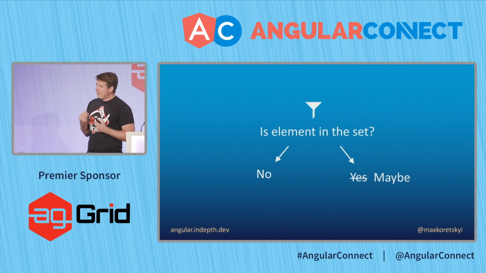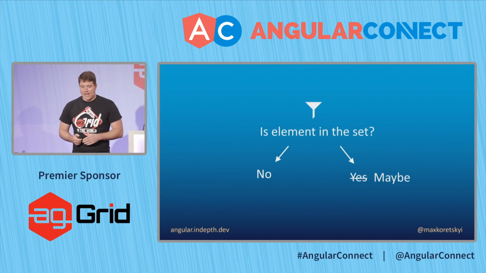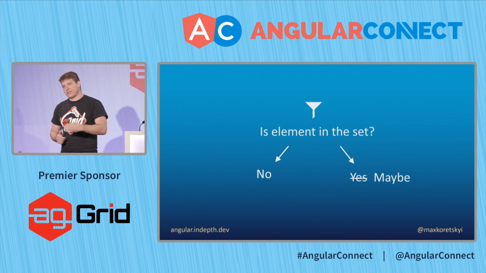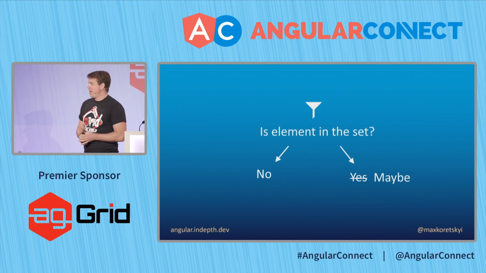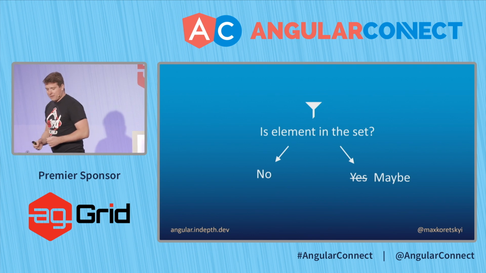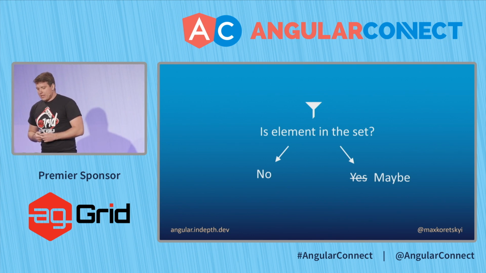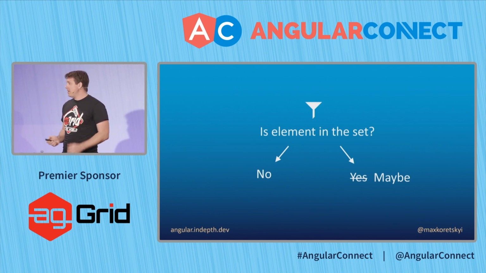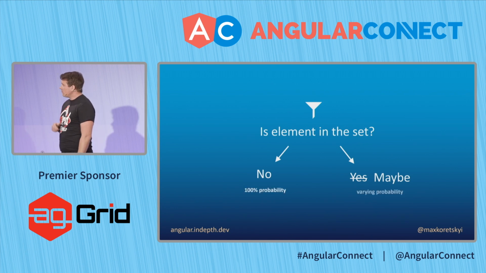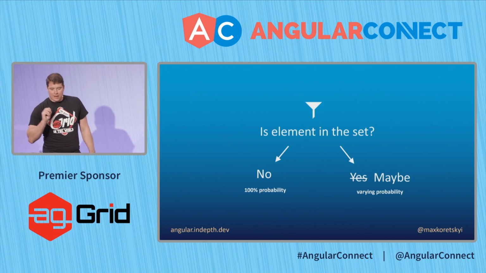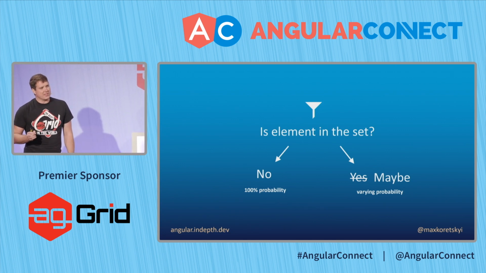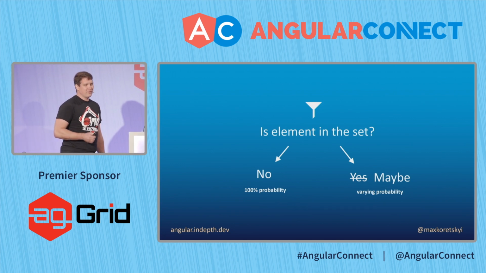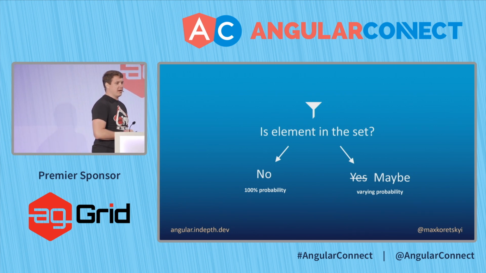And I think, at least from what I've looked at in Angular, they ensure that it's always yes. I won't have time to cover how they do it, but it's interesting. So it's maybe and no, right? Varying probability. Now, I hope that by now you're wondering, how is it possible that you don't know for sure if the element is in the set or not?